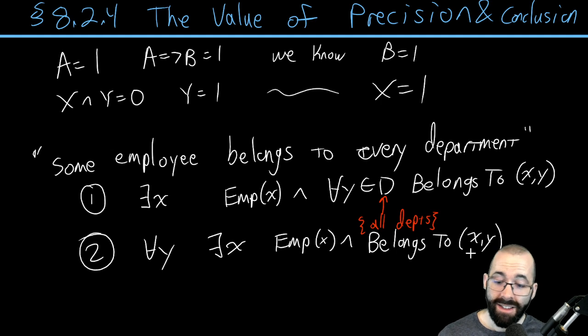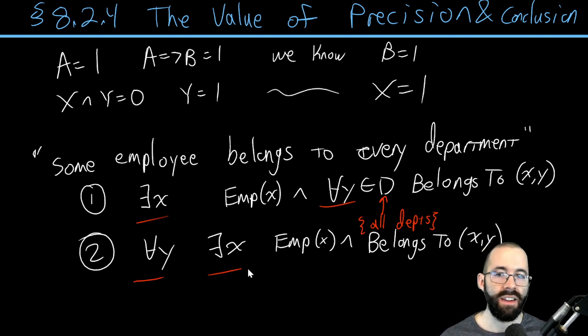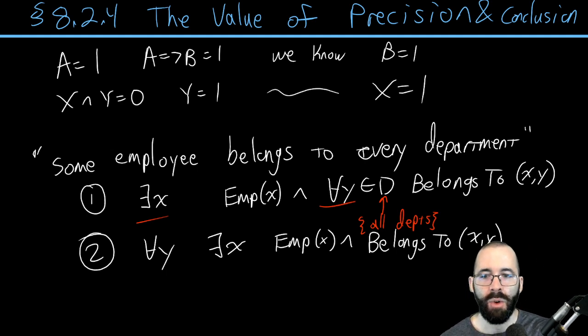Okay. And again, we're seeing another instance of order mattering. Is there an X for which this is true for all Y? Or is it true that for all Y, there is some X? Is there an X for each Y, or is there an X for all Y, basically? The order matters. We're really seeing that here.